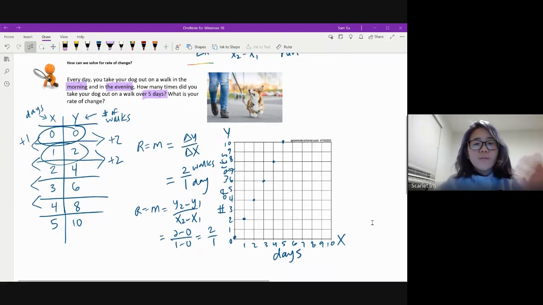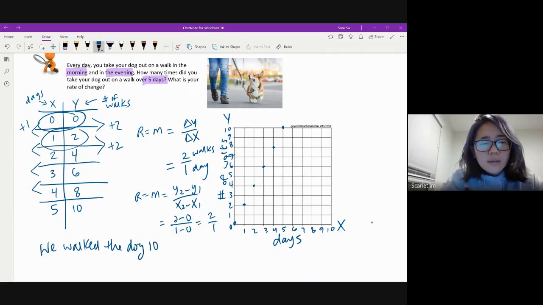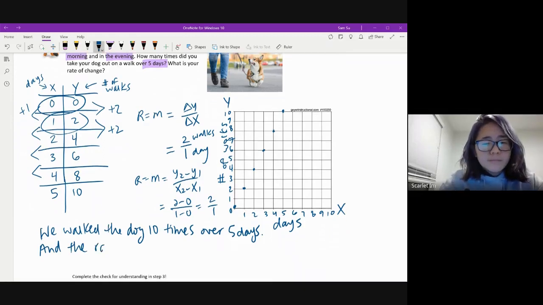If we want to answer this question, we know that we walked the dog 10 times over 5 days, and the rate of change is going to be 2 over 1.